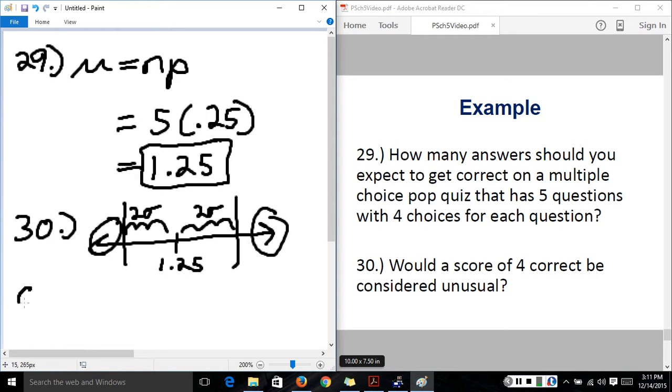To do that, I got to know what sigma is. So sigma is the square root of n times p times q, which would be the square root of 5 times 0.25 times, well, probability of getting one right is 0.25. Probability of getting one wrong would be 0.75.